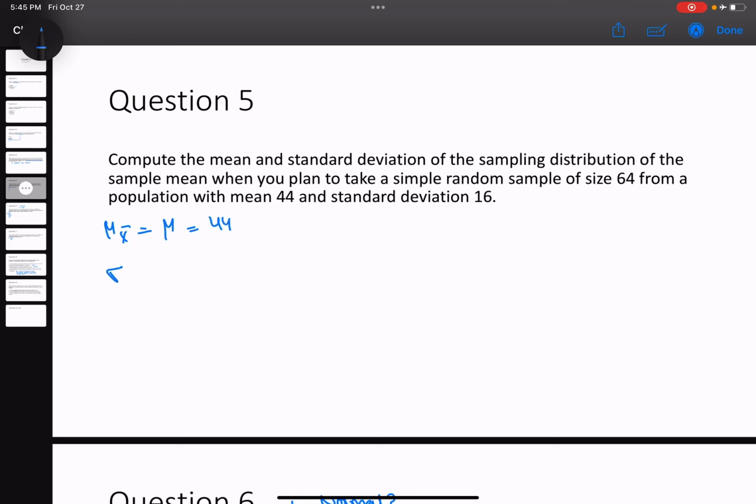To get the standard deviation of the sampling distribution, we divide the population standard deviation by the square root of n, which is 16 divided by the square root of 64. 16 over 8 equals 2.